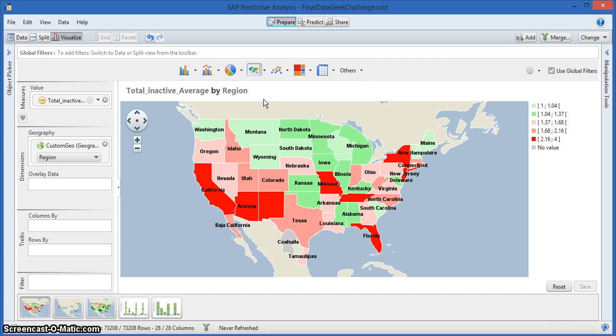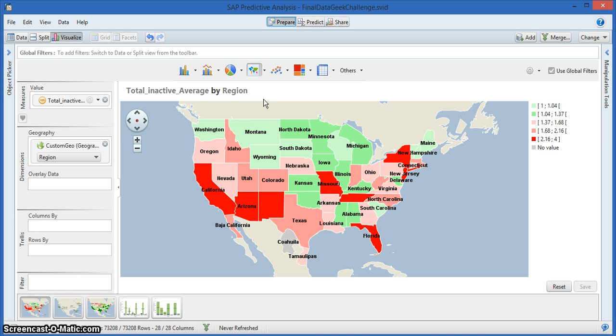So in this graph, we're looking at total inactive by region, and we're taking the average because the way we found total inactive is by zip code. How we found this variable, we went through the data on Excel and created a pivot table, and found anyone with 2 consecutive years of no donations at all, we dubbed them as inactive.